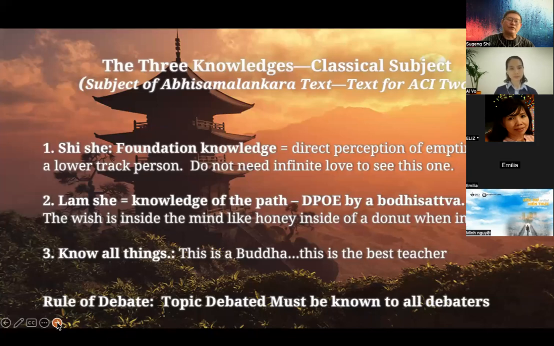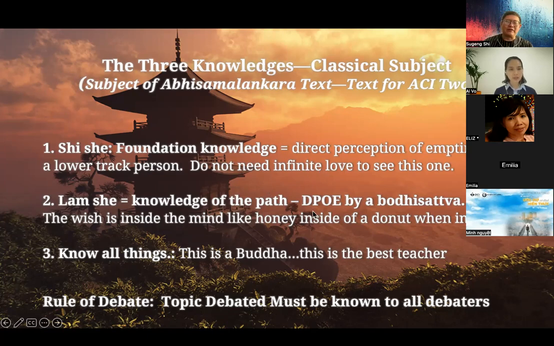And then if you go through the reading, in order to prove all this emptiness, we use these three knowledges. We talk about the foundation knowledge, the knowledge of the path, and the knowledge of all things. Foundation knowledge is the direct perception of emptiness by a lower track person, so it doesn't include bodhicitta, compassion.